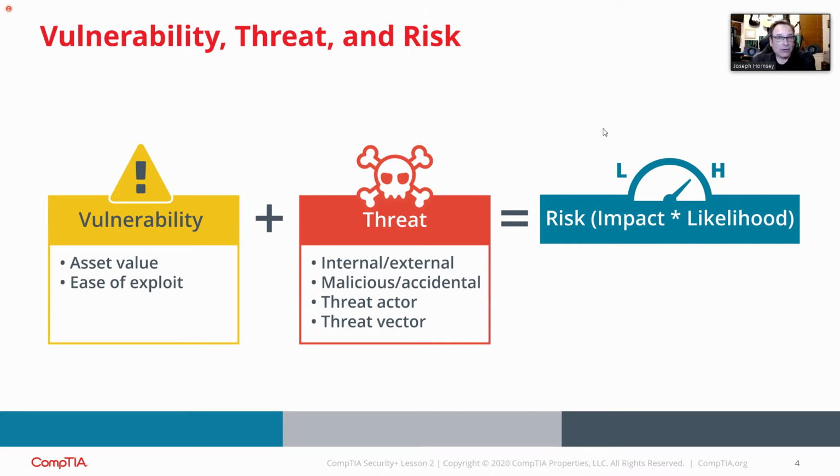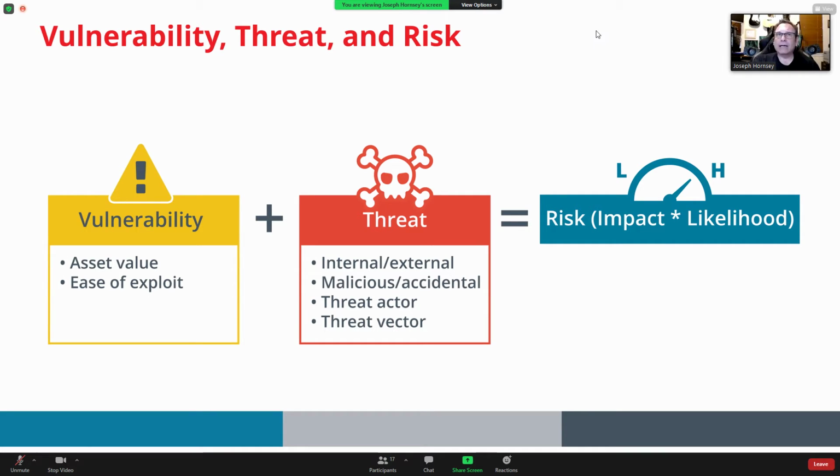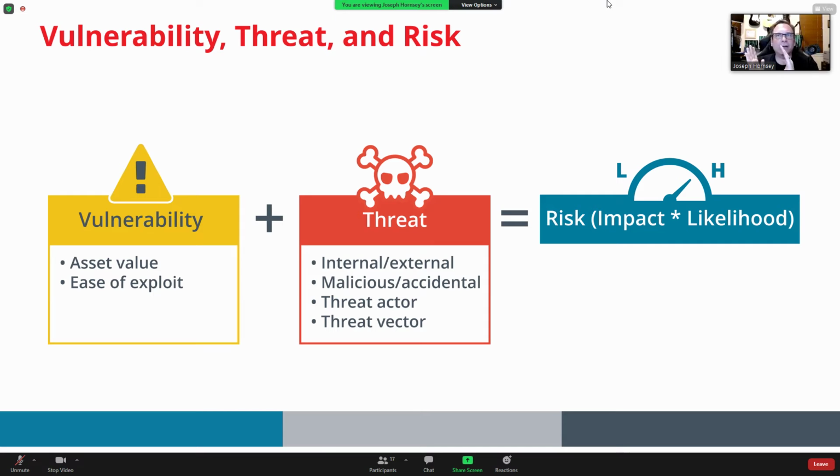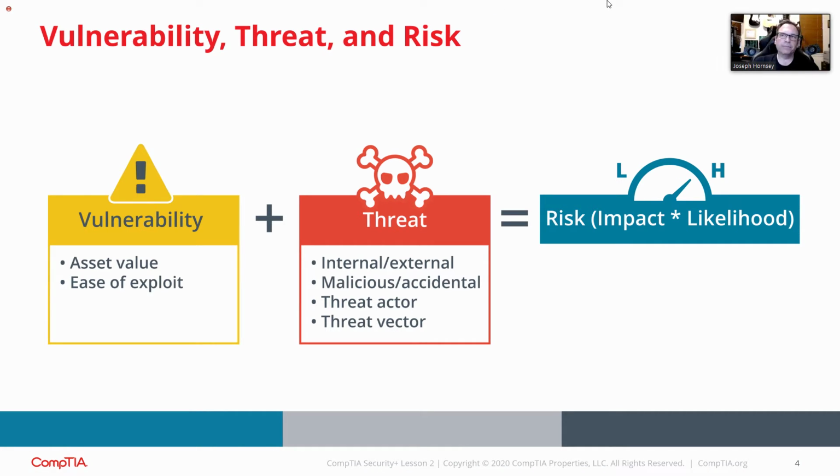The likelihood of it occurring is extremely remote for these reasons. So if we look at the overall risk of this threat being realized, it's an extremely low likelihood and a fairly low impact. So the overall risk is negligible.